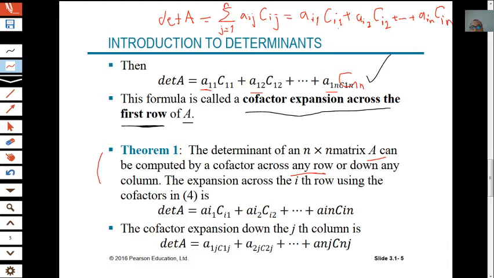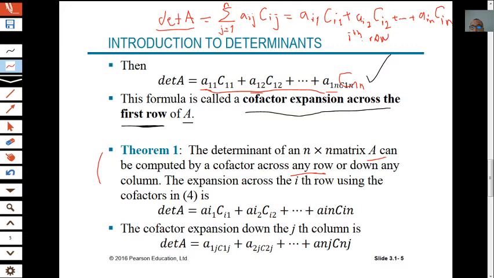Okay, we use any row. i can be any number up to the number of rows. This is the formula according to the ith row. If we take i equal to 1, we have the formula where we find the determinant of the matrix across the first row.